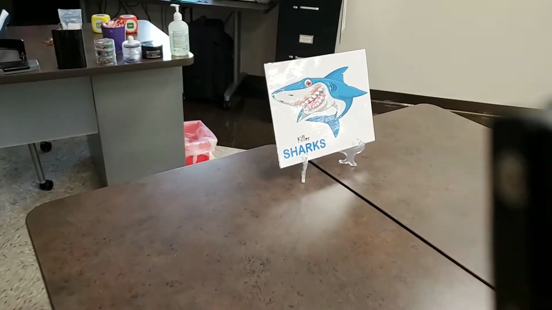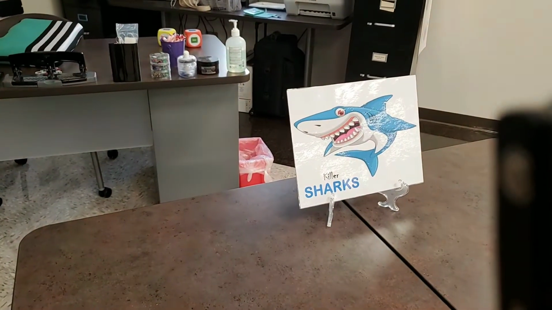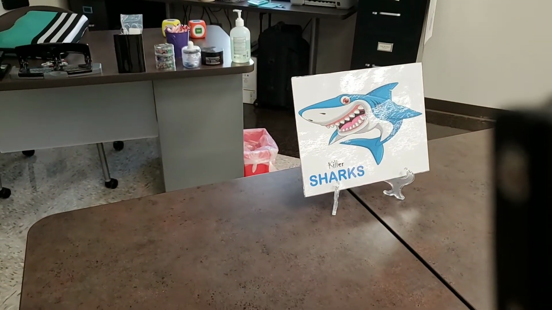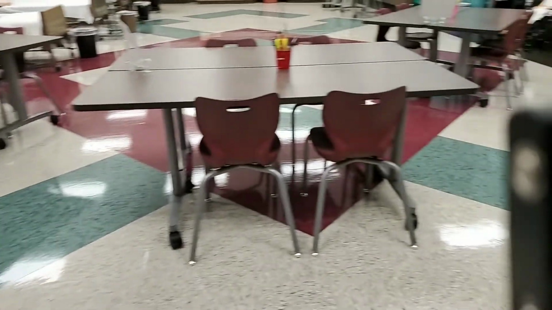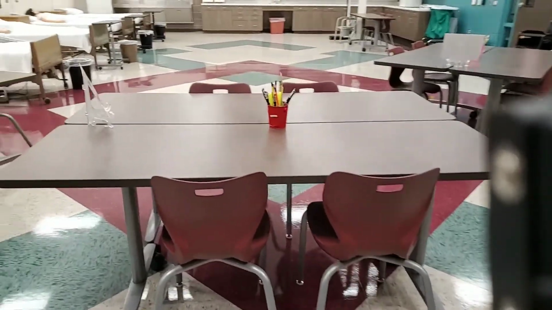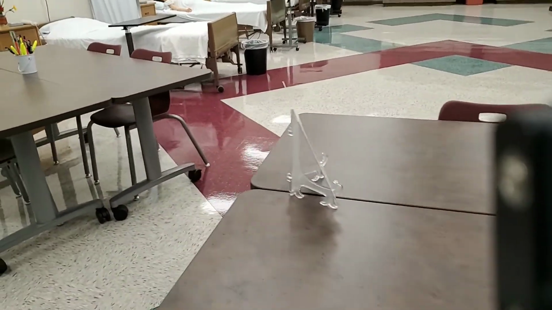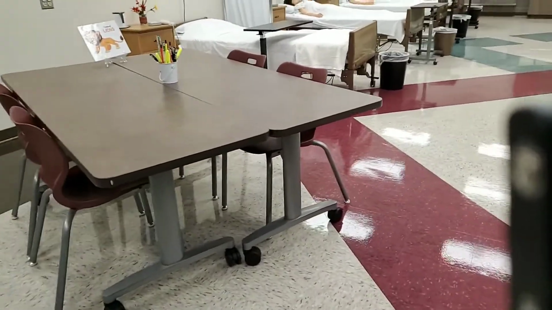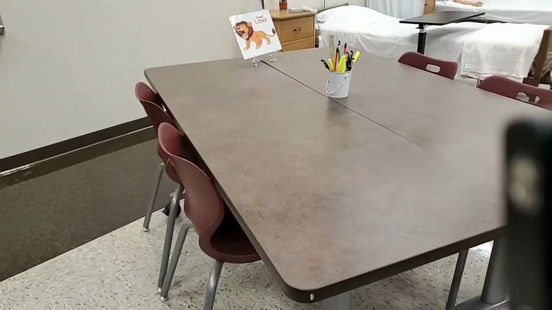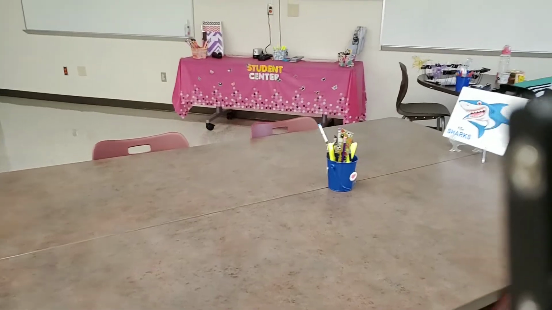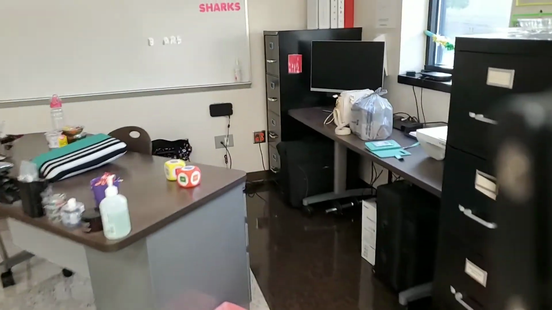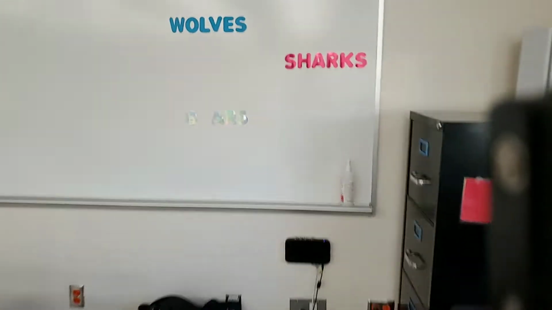So whenever you come into class, this is the table that you need to sit at, okay? And if I just need to change folks around, it'll be really easy for me to do so, because all I have to say is, hey, Johnny, I need you to switch seats with Gwendolyn at the Lions table, or I need you to join the Lions table, right? So easy time management.